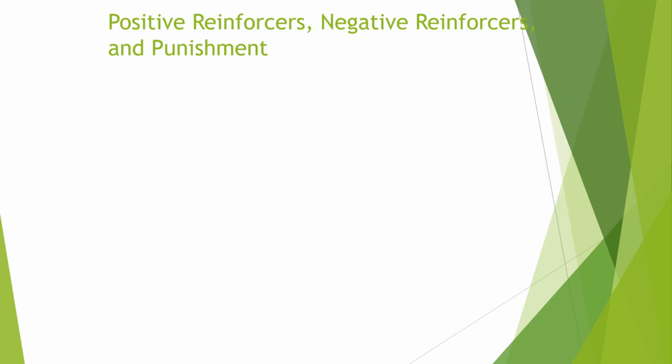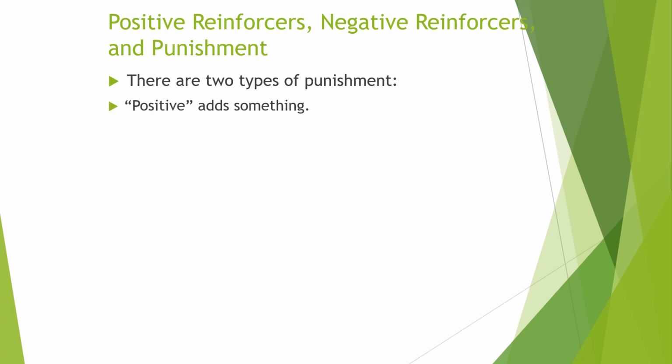Now, there are 2 types of punishment, right? There is positive and there is negative punishment. Remember, positive means that you're giving something, negative means that you're taking something away. But now you're doing this in order to decrease the likelihood that that behavior is going to occur again.